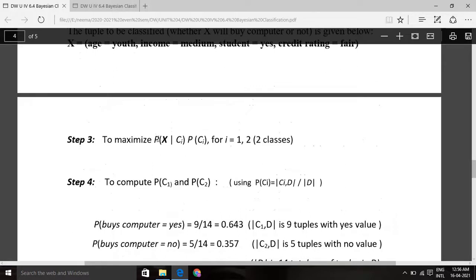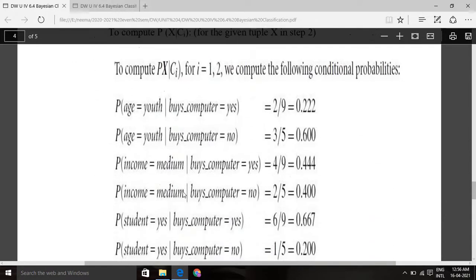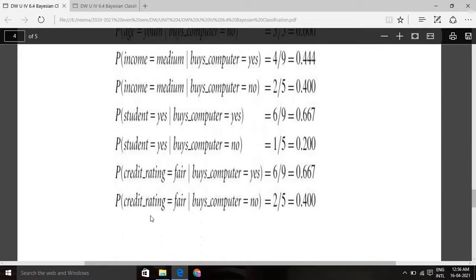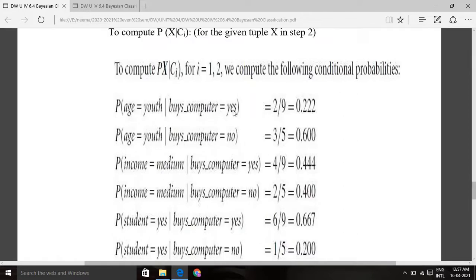We have 4 attributes: age, income, student and credit rating, and 2 classes, yes and no. For each attribute we have to find the probability given buys computer equal to yes and given buys computer equal to no. So probability of age equal to youth given buys computer equal to yes, and probability of age equal to youth given buys computer equal to no. Since we have 9 yes and 5 no, in all the denominators for yes it is 9 and for no it is 5.